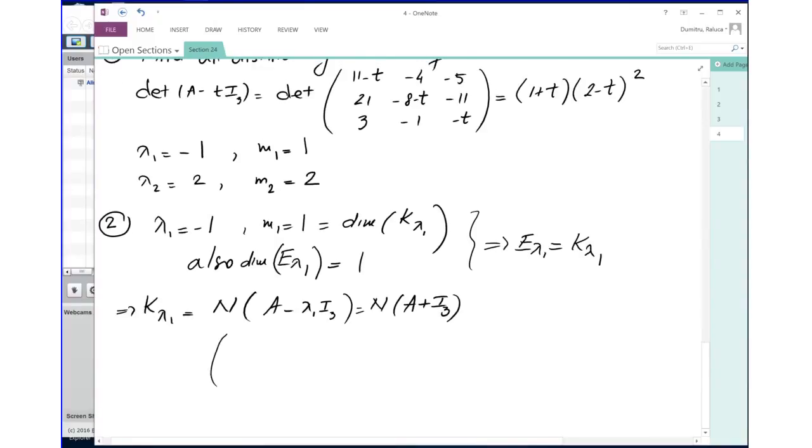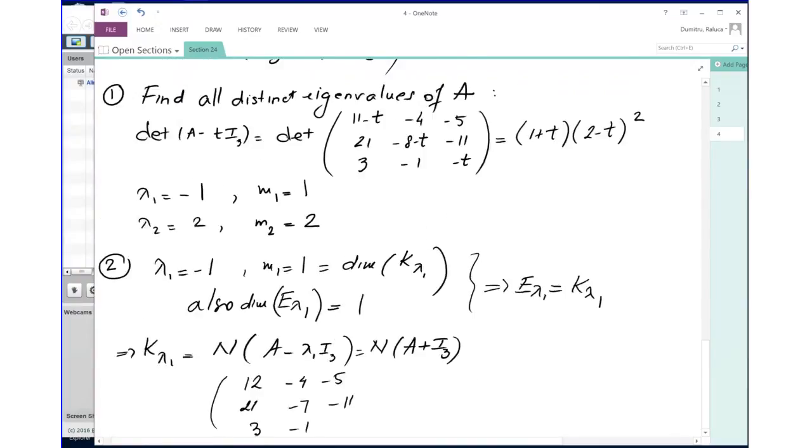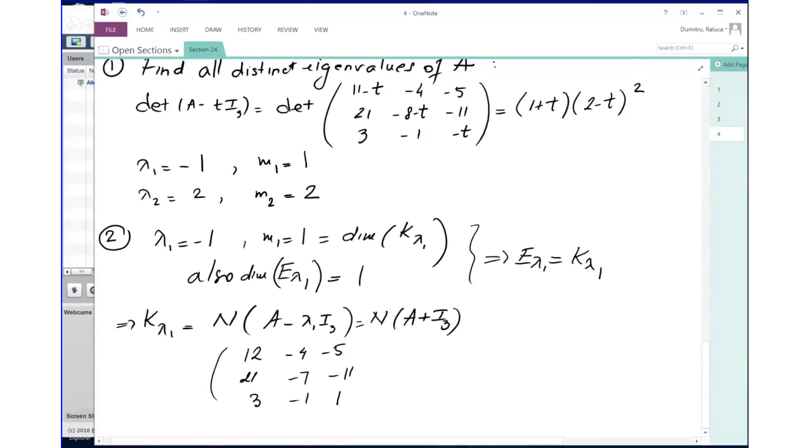So then you do 12, negative 4, negative 5, 21 minus negative 8 plus 1, negative 7, negative 1, 1, right?